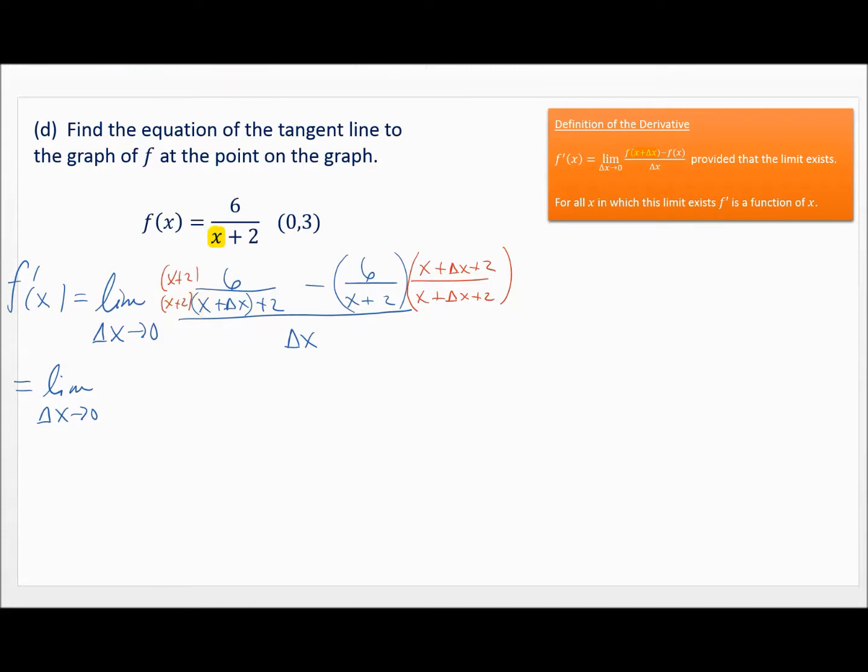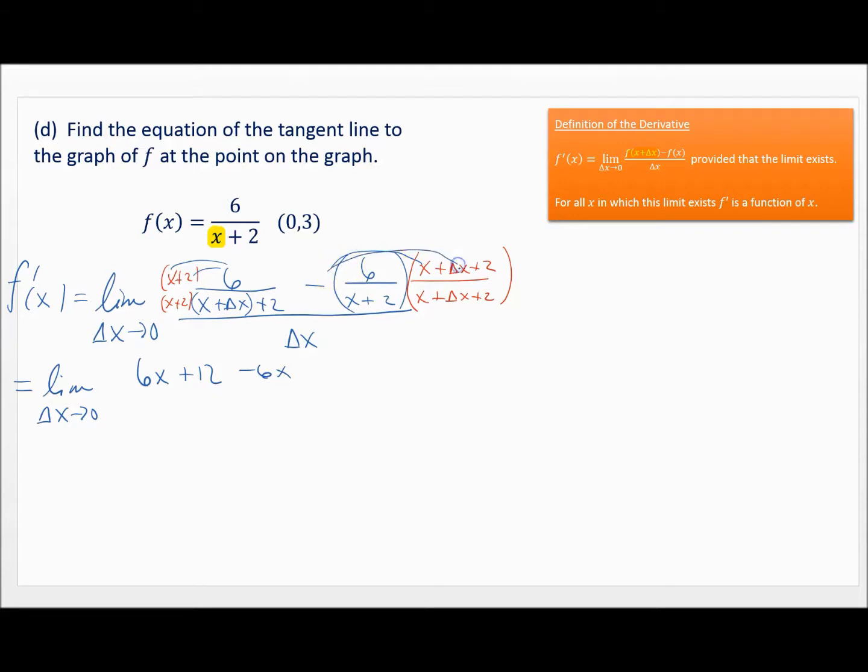Now let's see what that gives us. In the numerator, I'm going to distribute the 6's inside. Be careful, the negative 6 should go there. So I have 6 times x is 6x, and I have 6 times 2 is plus 12. So you see, this is all I did. On the right side, I'm going to distribute the negative 6. So negative 6 times x is negative 6x.